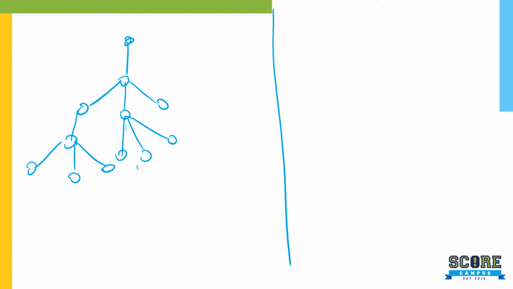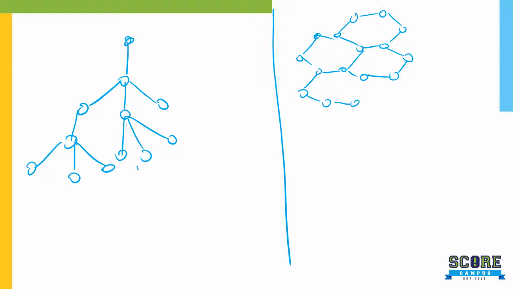For graphite, it's slightly different. For graphite, it's layers that are kind of together. These circles are your carbon atoms, and you see layers of carbon atoms.